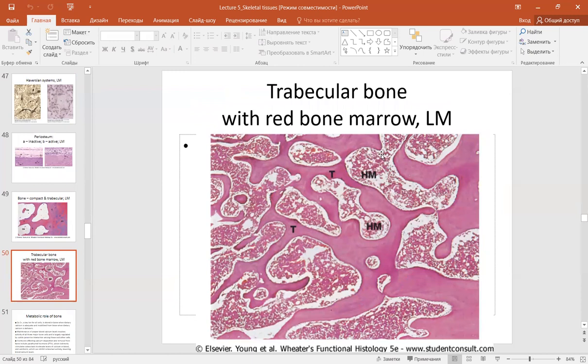Trabecular bone with red bone marrow inside, where the hematopoietic cells are developing and forming the precursor cells of the circulating blood.